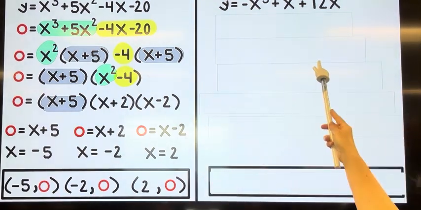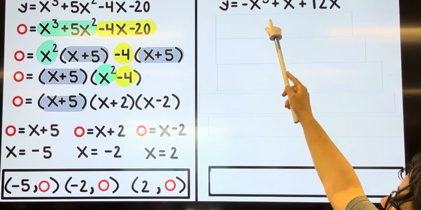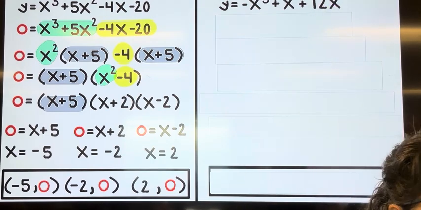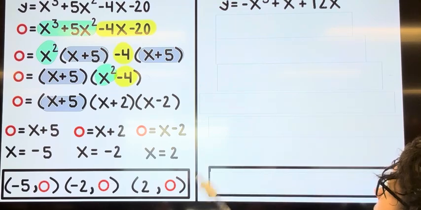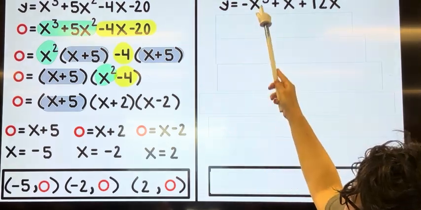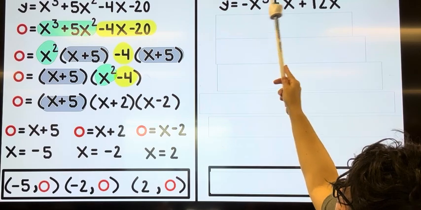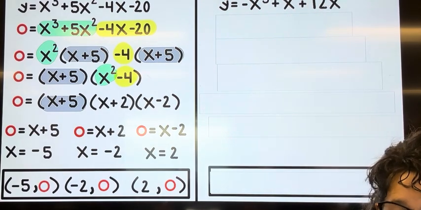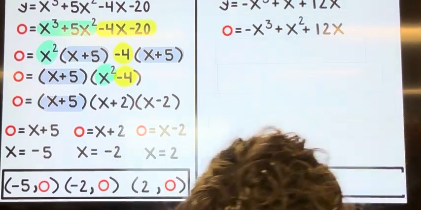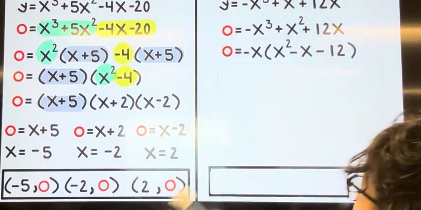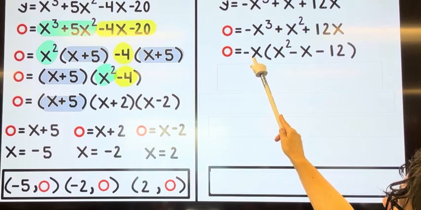Okay, so one more example of the same thing. This time we only have 3 terms, but we're still looking for what's in common as your first step to factoring. And I'd really like the front to be a positive. So every one of those has an x in it. So I'm going to take out, once I have that equal to 0, a negative x.